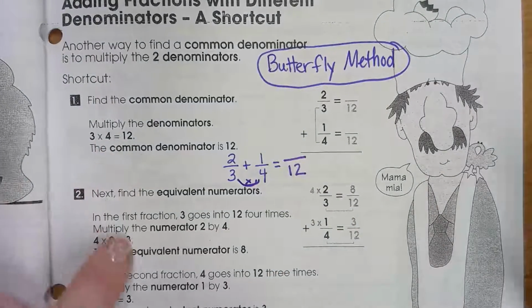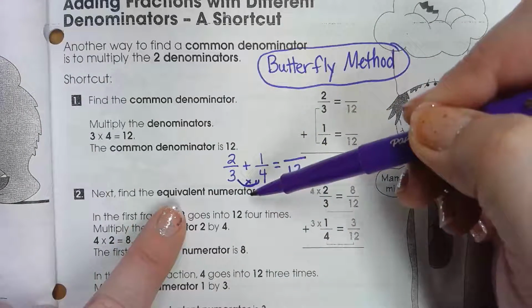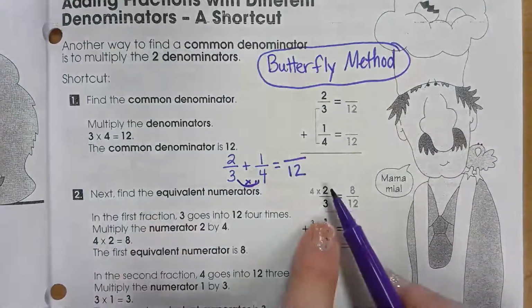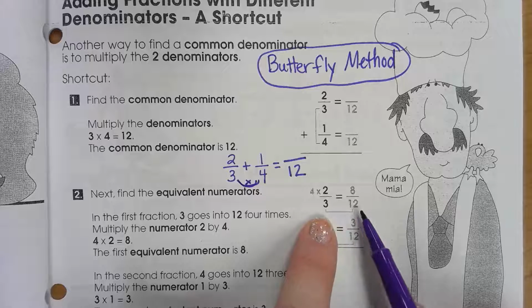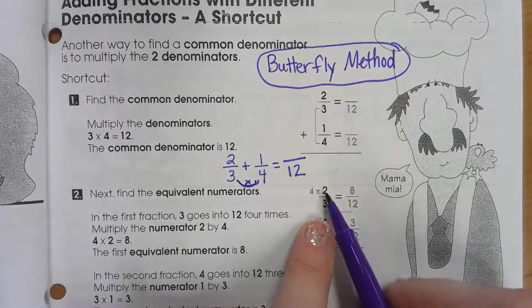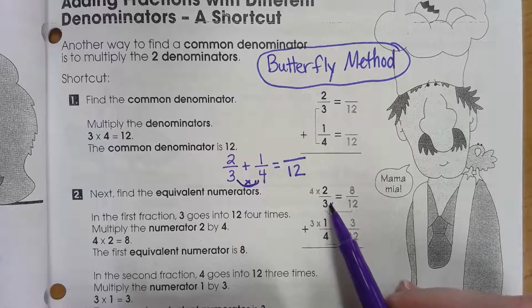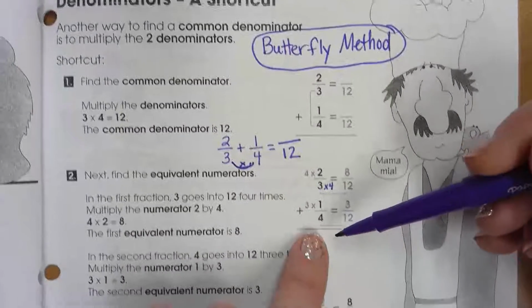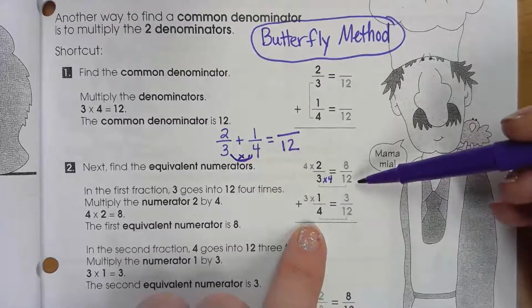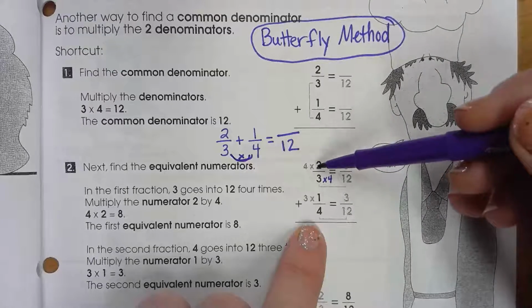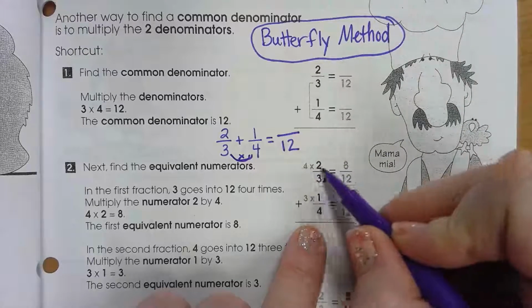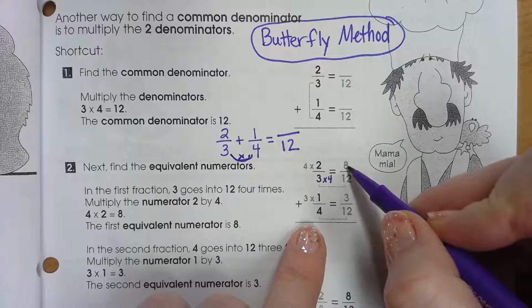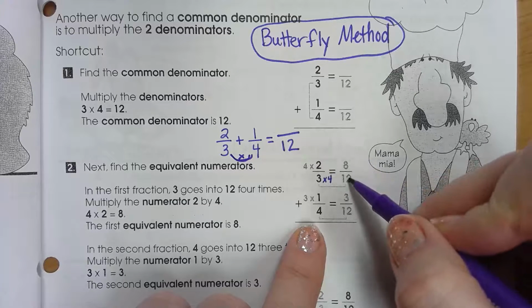And then I'm going to find the equivalent numerators. So they're going to turn 2/3 into something twelfths. If we take 3 times 4 and I multiply it just by my other denominator, 3 times 4 gives me a 12. 2 then times that 4 gives me an 8. So 2/3 is equal to 8/12.